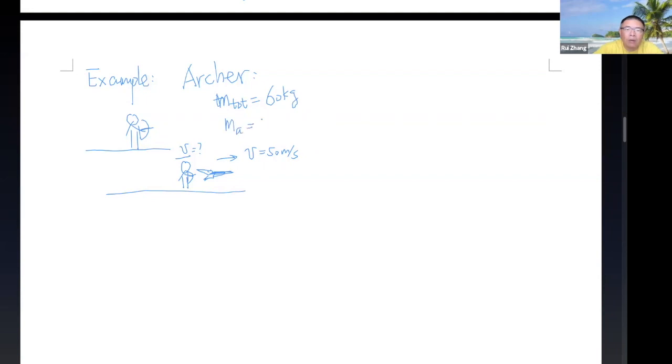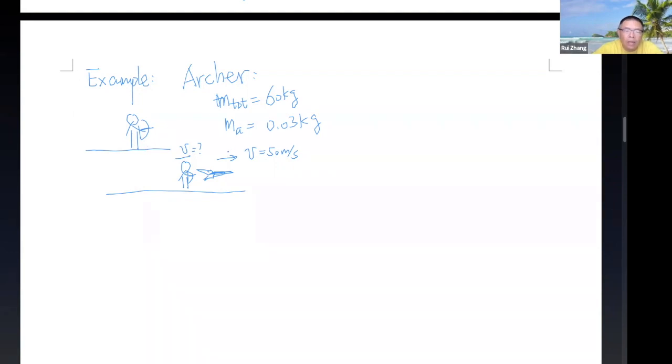So there are two objects involved in this problem. Because this is frictionless, there are no external forces, so the total momentum of these two objects should be conserved. We can use momentum conservation to solve this problem.